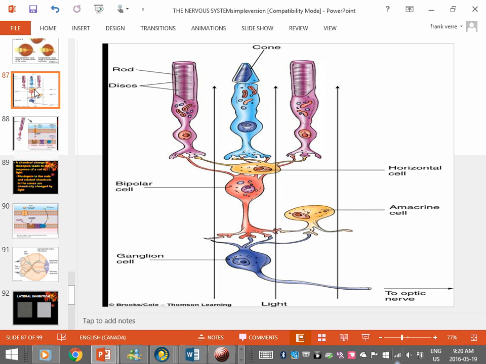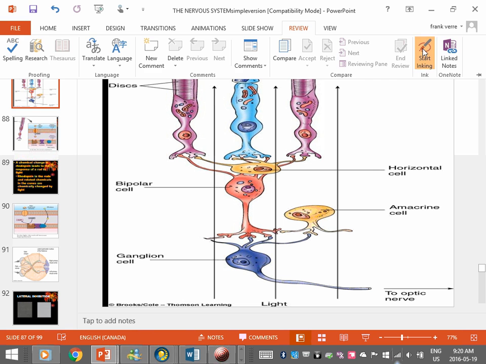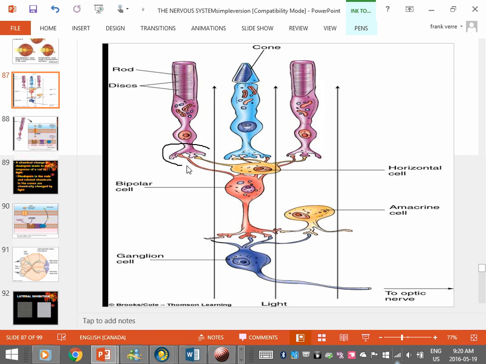If they're on in the dark and you cannot see anything, what type of neurotransmitter is coming out of these rod cells? It's the dark. They're firing action potentials, right? And we studied that. And you don't see anything. I'll give you the name of the neurotransmitter.